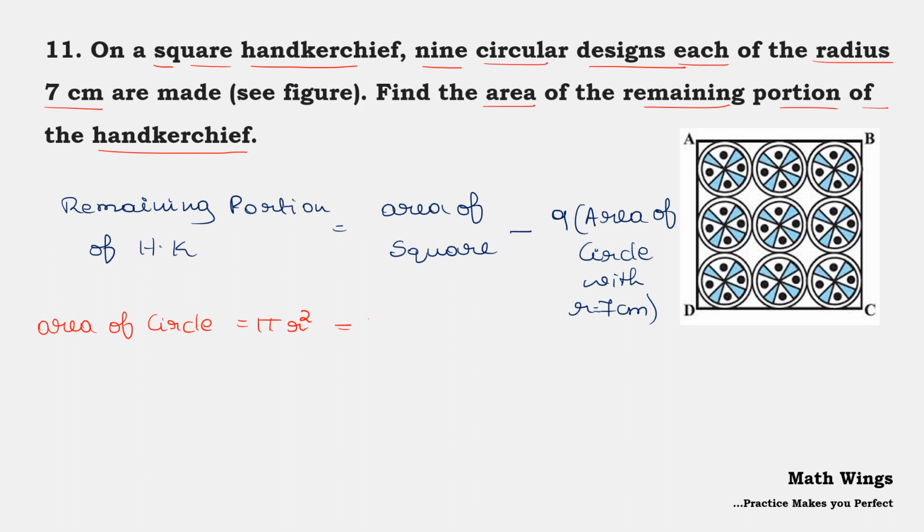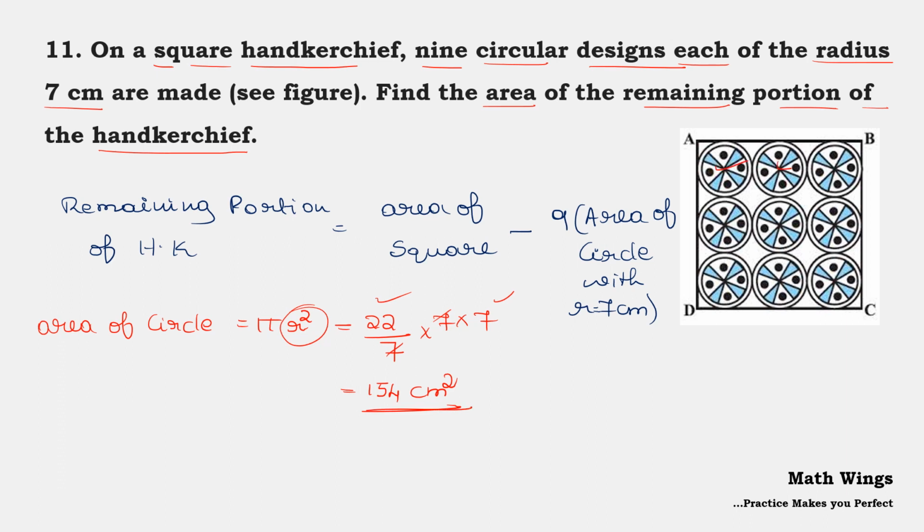Therefore, we can continue with pi as 22/7 into r square, which is 7 into 7. We can cancel 7 and 7 from the numerator and denominator. The remaining is 22 and 7. When we multiply that, we get 154. And what is 154? It is centimeter square.